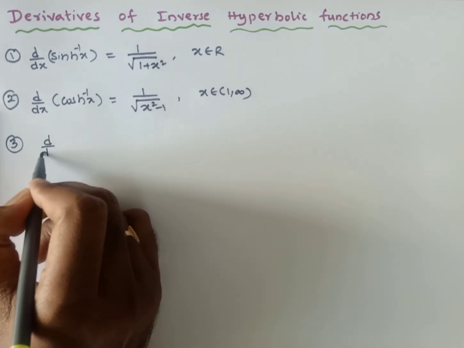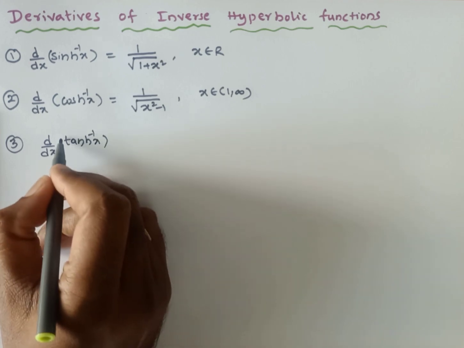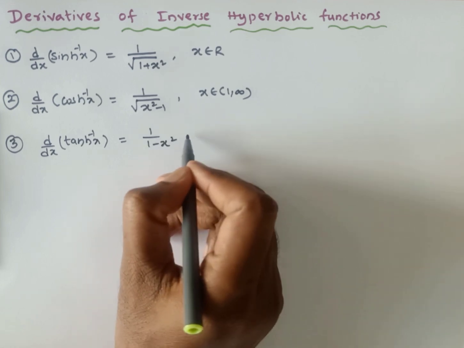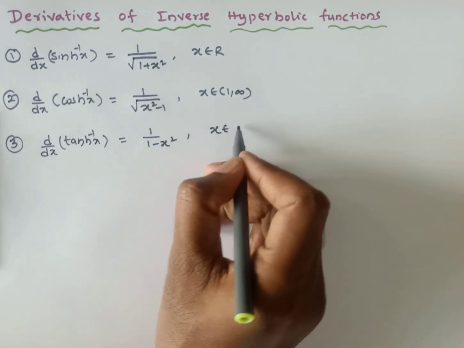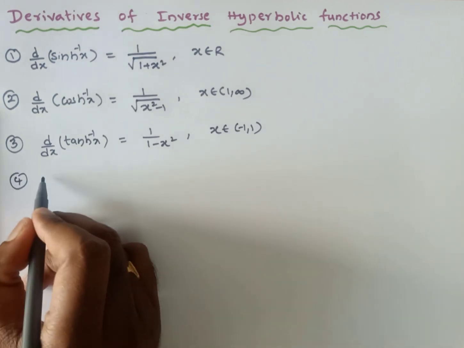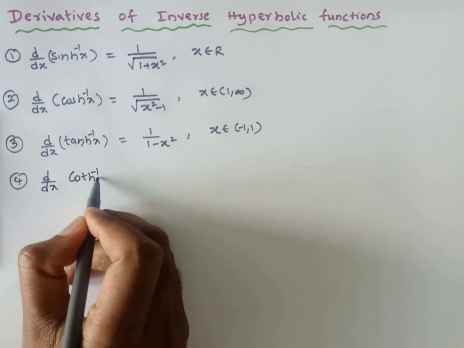Next, the derivative of tanh inverse of x is 1 by 1 minus x square. Here x belongs to minus 1 to 1. And fourth, the derivative of coth inverse x.